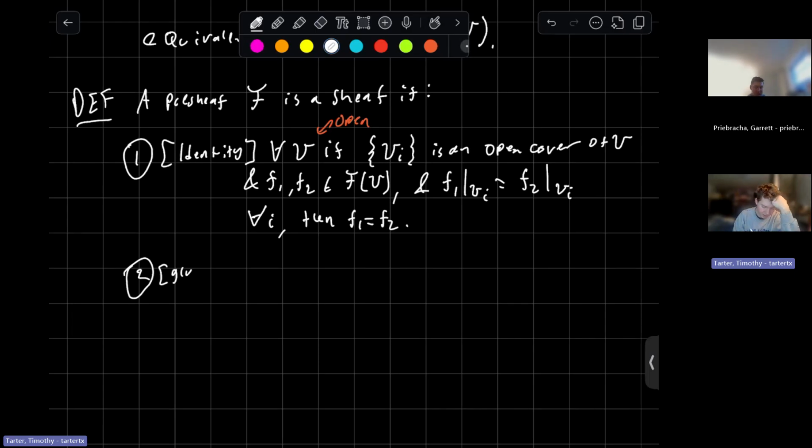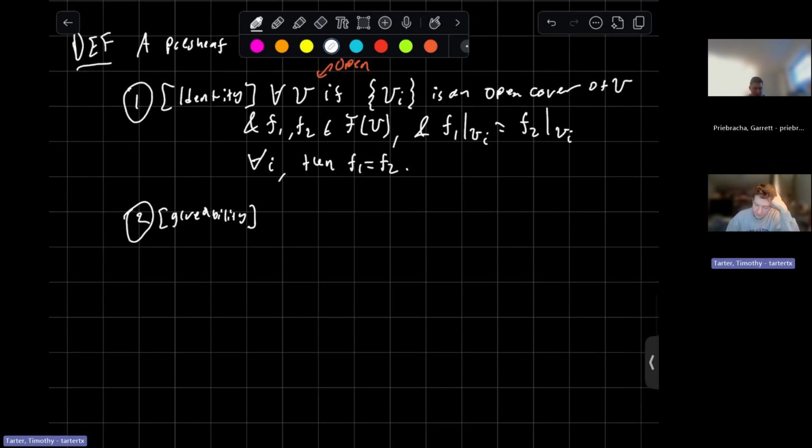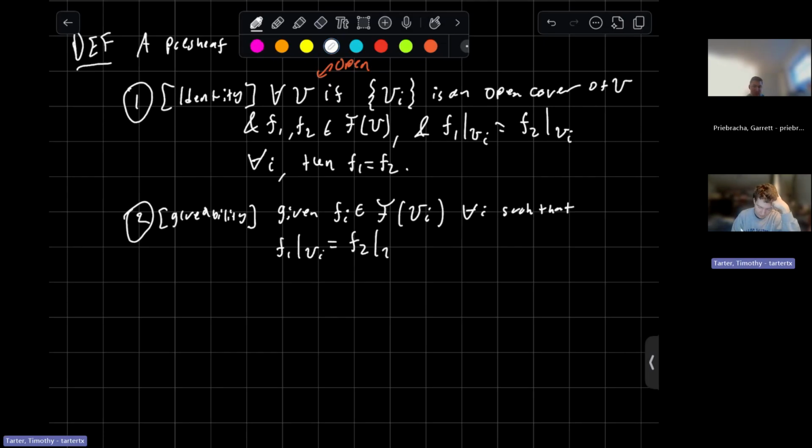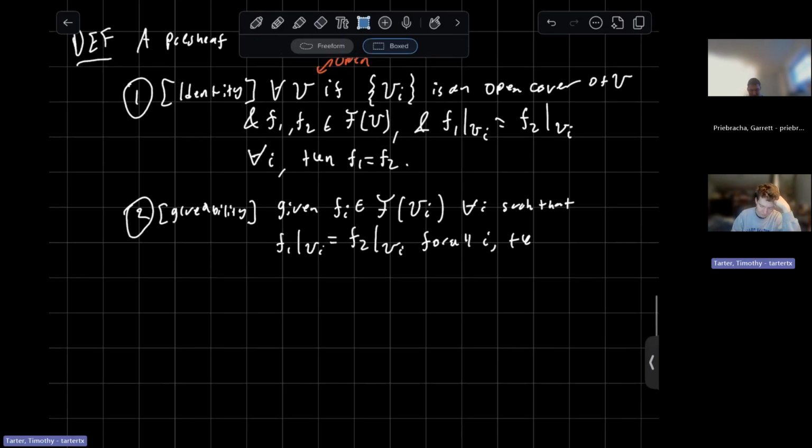So this is called gluability. Again, taking U_i to be some open cover of U, if we are given F_i in the section on U_i for all i, such that, oh, nope, I just rewrote the wrong definition.